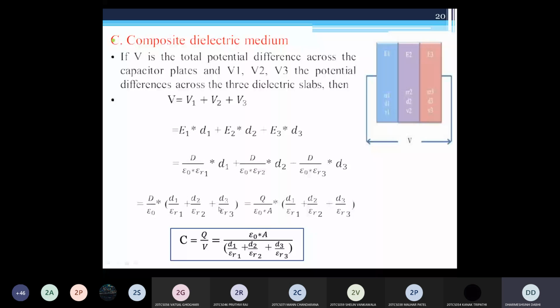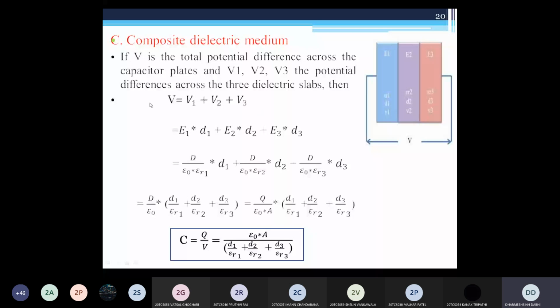Replace this D by Q by A, so it becomes Q by epsilon 0 into A, and that term is as it is. This is the equation of V, the total voltage across these three dielectric media, across these two plates.